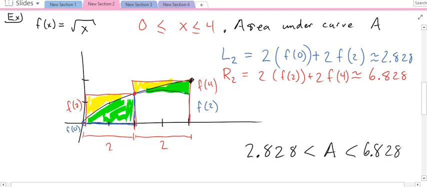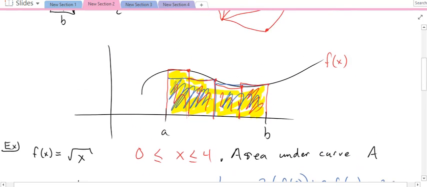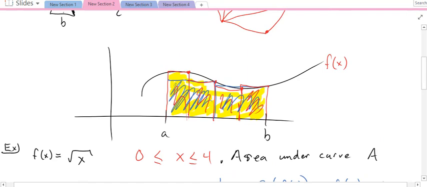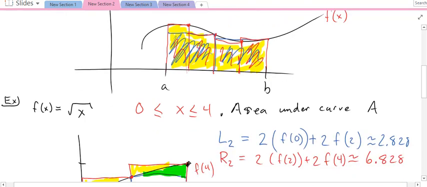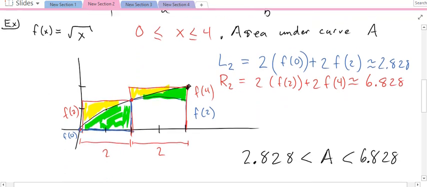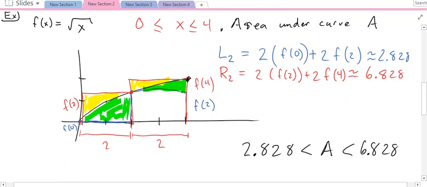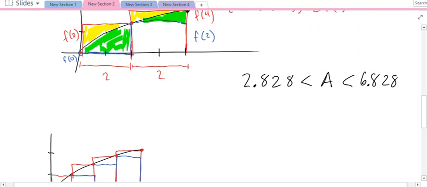Now, we saw a little bit, at least in the picture up here, that when we used smaller rectangles, it looks as though we are decreasing the amount of error that we have. So let's see what happens if we do that here. Instead of using rectangles of width 2, what would happen if I use rectangles of width 1 to approximate these things?